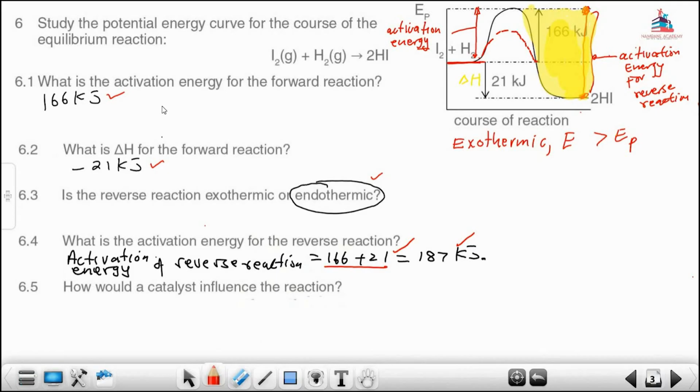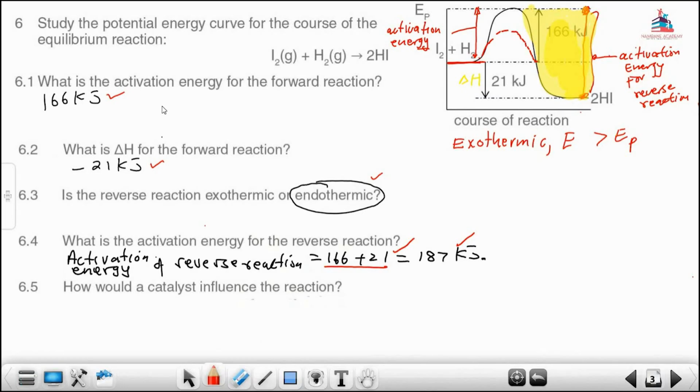So the catalyst will influence the rate of the reaction, or how quickly the reaction is going to occur. So this already is the answer.